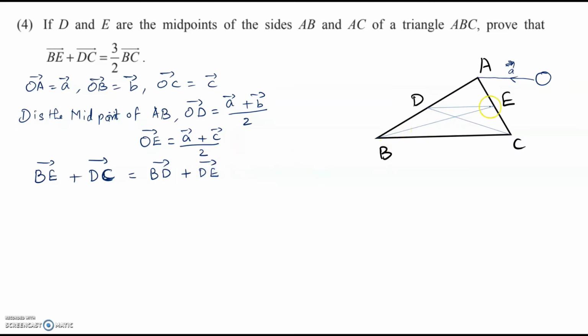So vector BE is defined as vector BD plus vector DE. Similarly, we can define vector DC as vector DE plus vector EC. Okay, so that's DC. DC can be defined as DE plus EC.